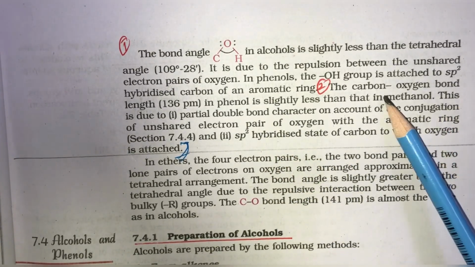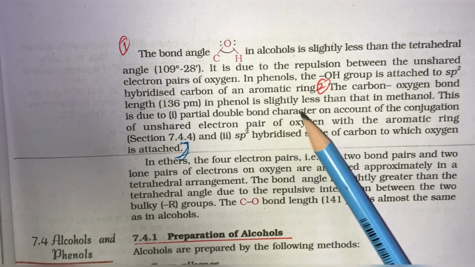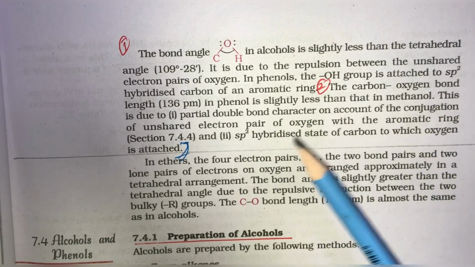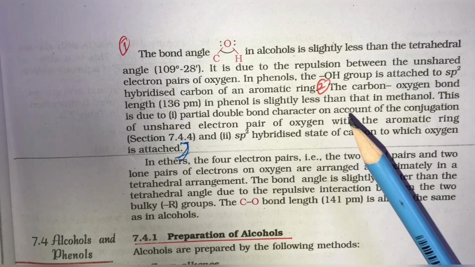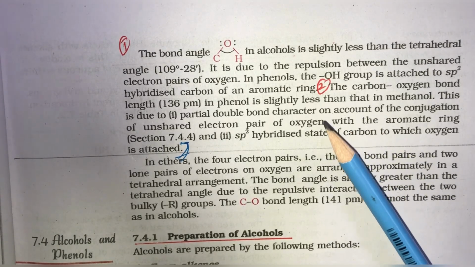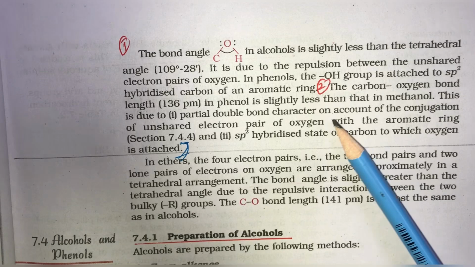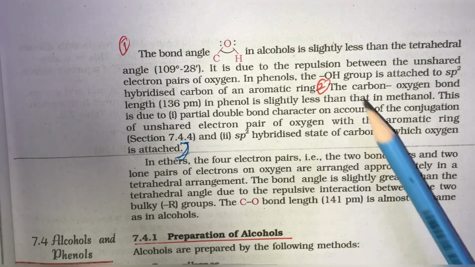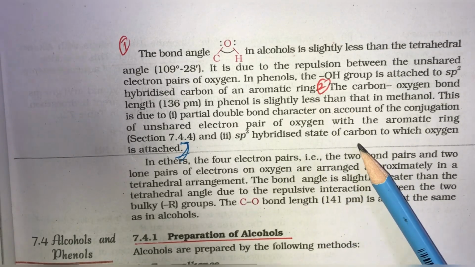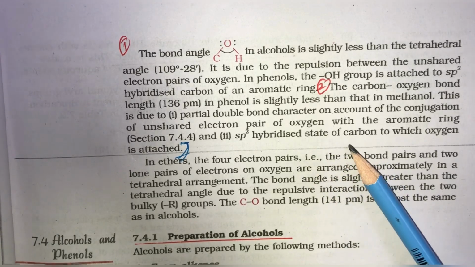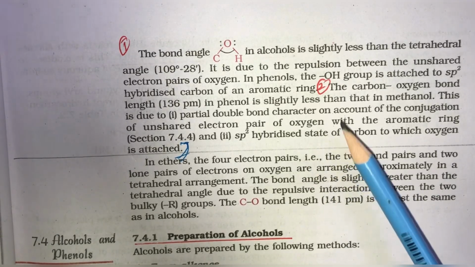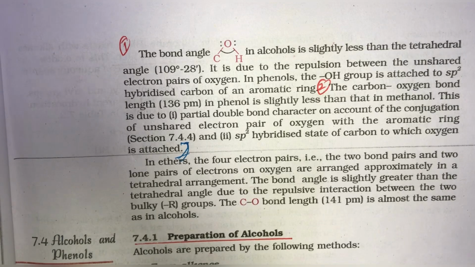So the carbon-oxygen bond length in phenol is slightly less than that of methanol, because the aromatic ring is electron dense, and the sp2 hybridized carbon attracts the electrons present on the oxygen, which makes delocalization in the benzene ring involved in resonance. So the bond length between the oxygen and hydrogen in phenol is slightly less than that of aliphatic alcohol.